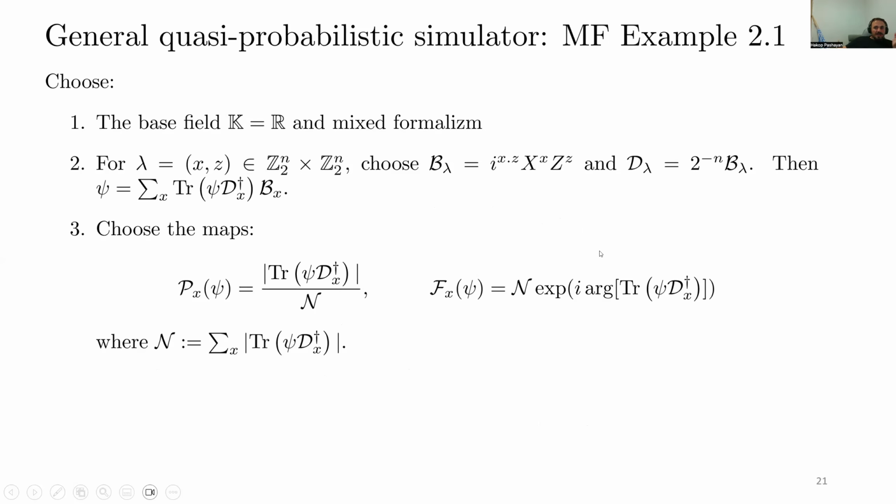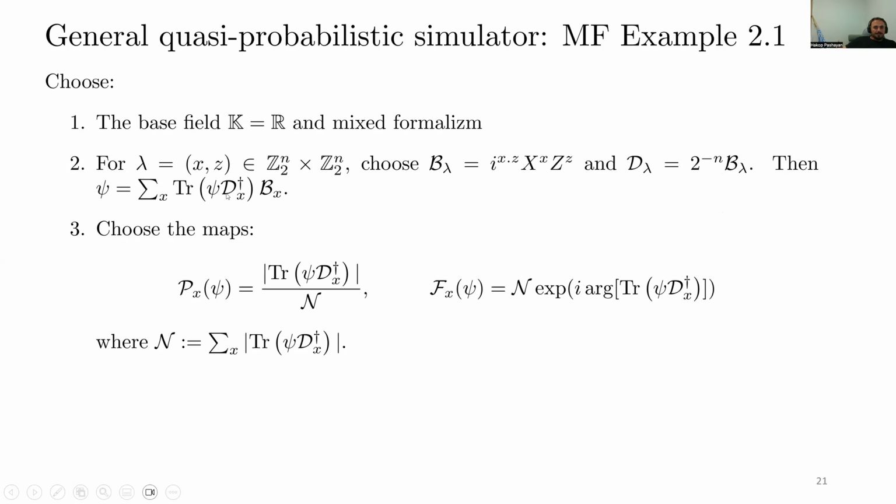So my first actual example is just a Pauli frame, and the behavior is very similar to what we saw with the computational basis frame. We have a Pauli frame now. These B's are just n-qubit Paulis, and the dual is just the Paulis with a prefactor of 2 to the minus n.